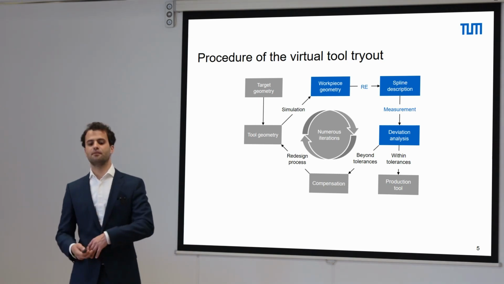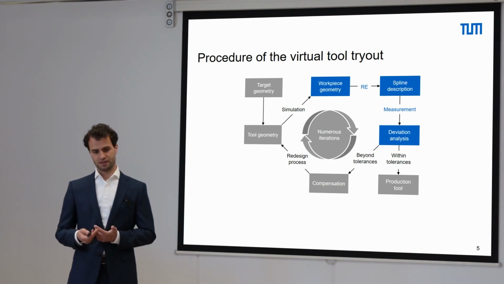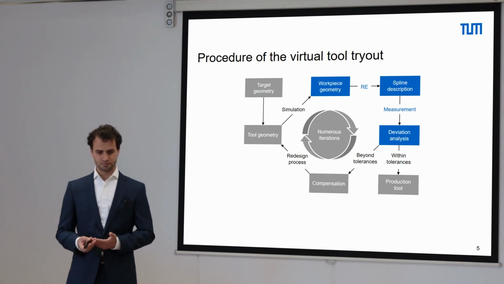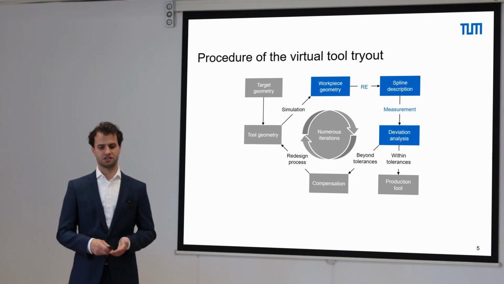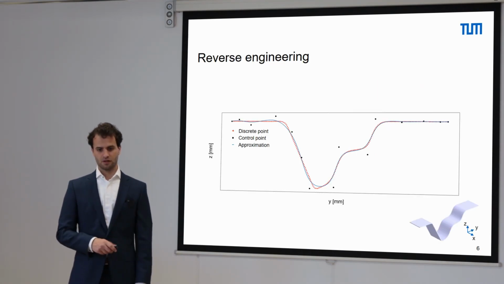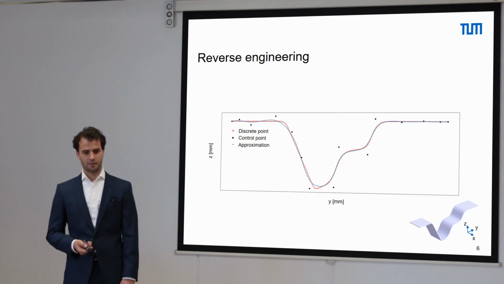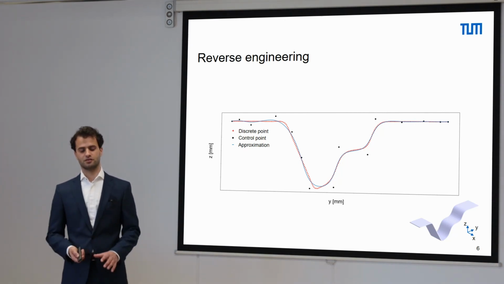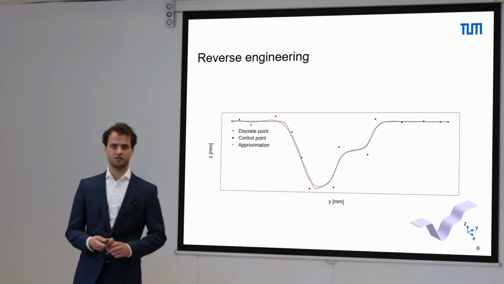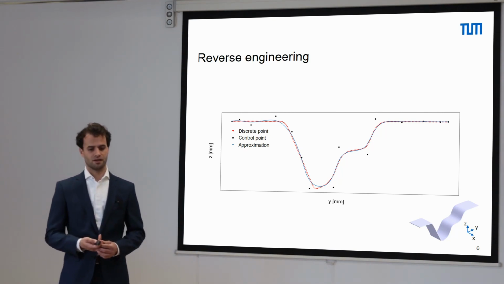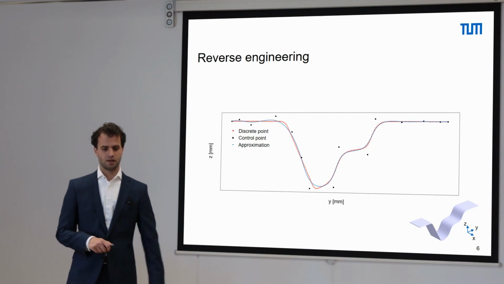And in the next step, I exported this workpiece geometry as an STL file and did a reverse engineering. So let's begin with our target geometry. The target geometry was exported by CATIA as an STL file as well.